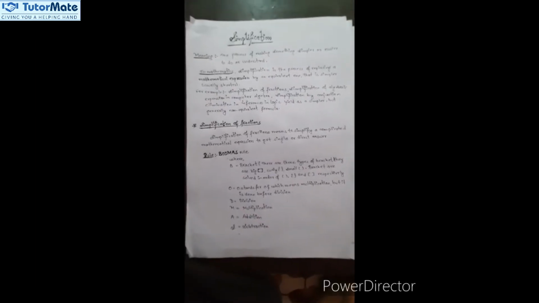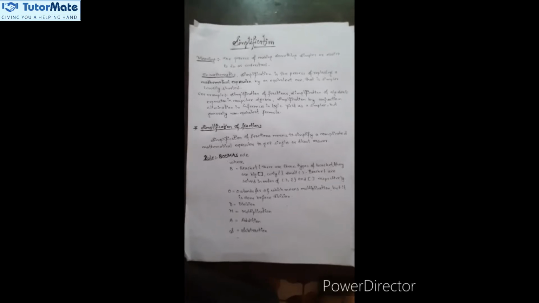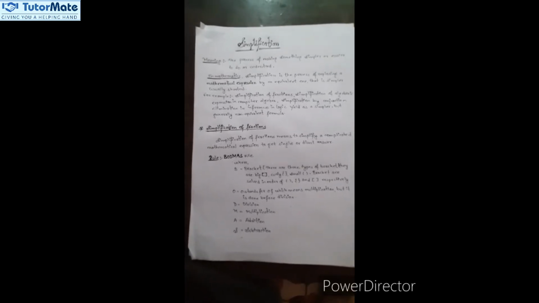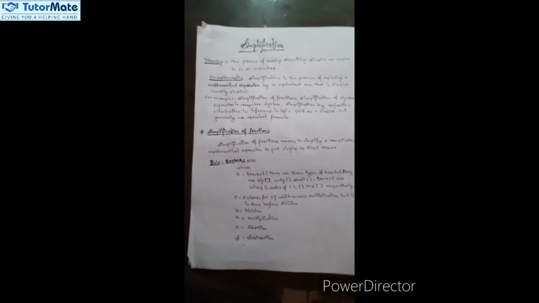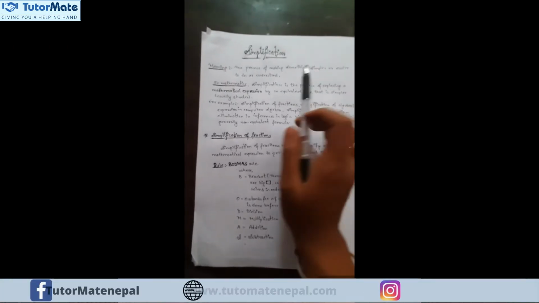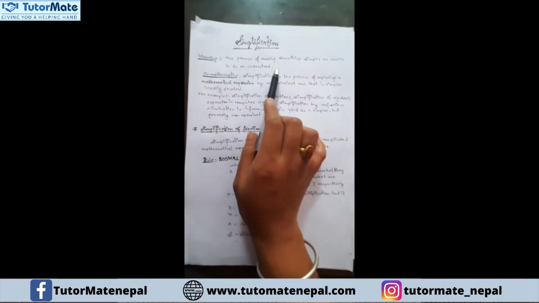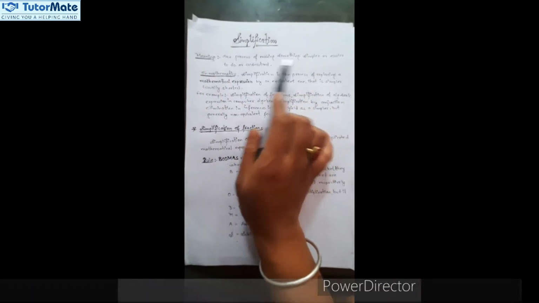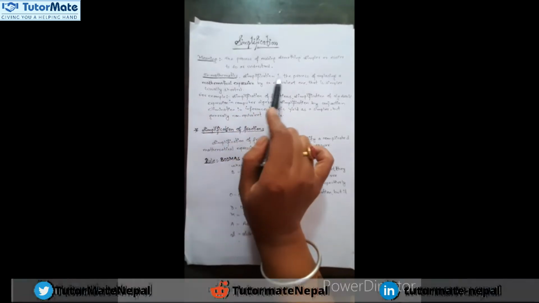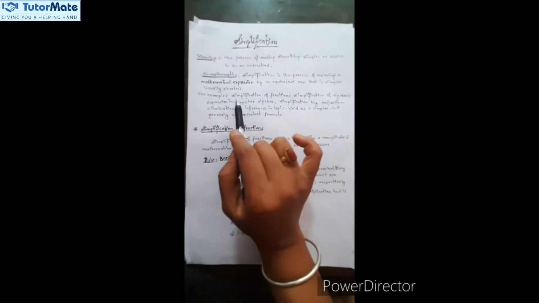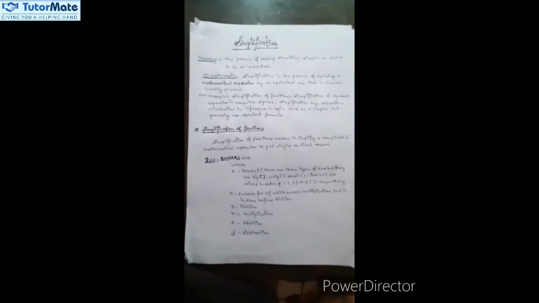Simplification. Here I have prepared what simplification means and some basic rules of simplification. In a general meaning, simplification means the process of making something simpler or easier to do or understand. But in mathematics, simplification is the process of replacing a mathematical expression by an equivalent one that is simpler, usually shorter.